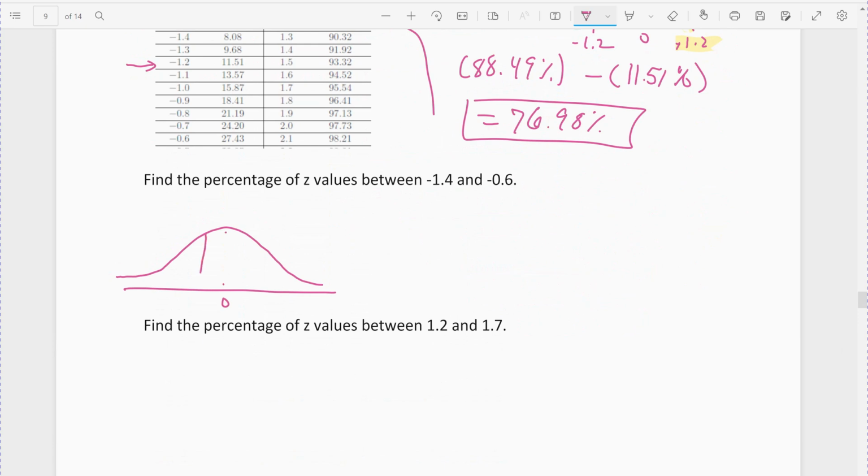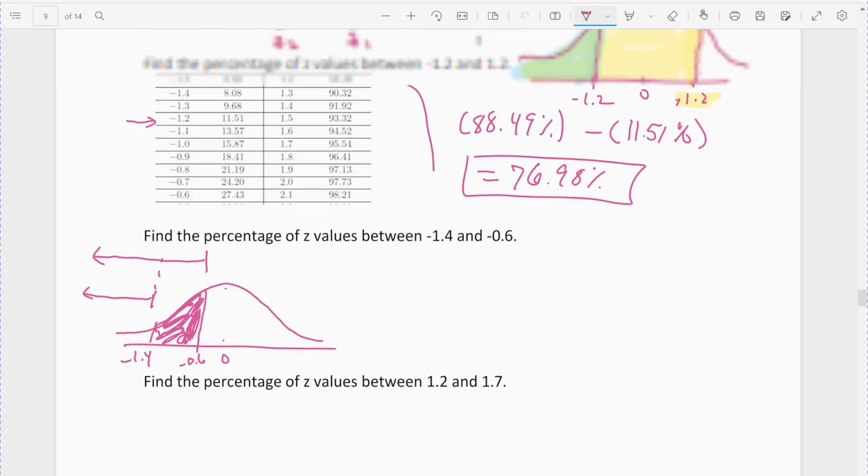So the negative 0.6 is here, and then negative 1.4 is below it, because that's less than it. So this is the area we want. This is the percent we want. And so I'm going to find the big area, which is the table value at negative 0.6, and the little area, which is the table value from negative 1.4, and when I find the difference, that's the answer I'm looking for.